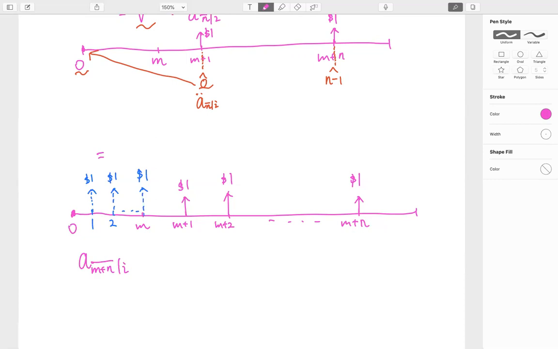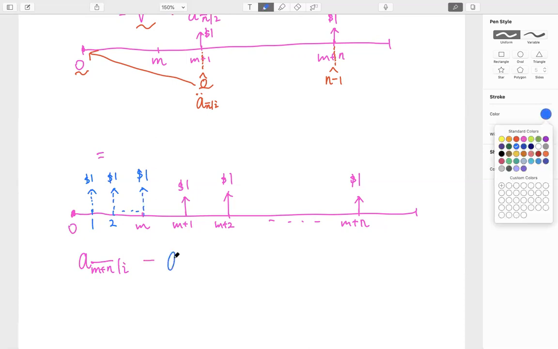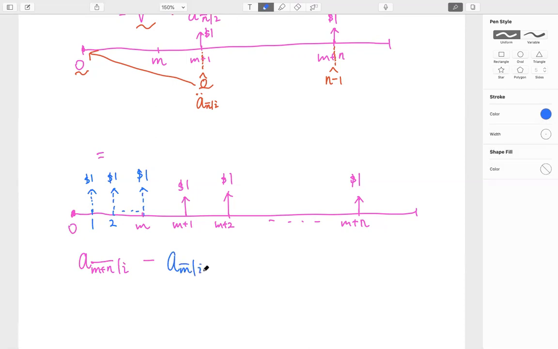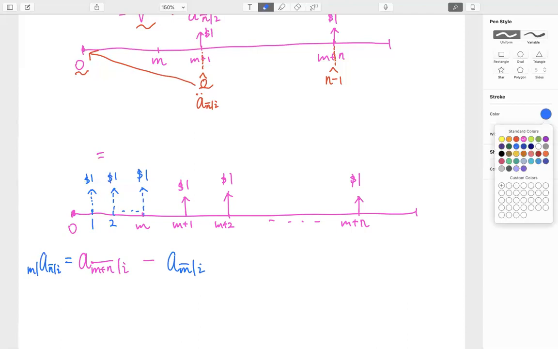What really exists are the pink ones. So if I add those, I need to subtract them back. How many blue payments? N, right? So this is originally what I'm trying to calculate. It is a deferred annuity immediate, right, with n payments. So I have this, right?